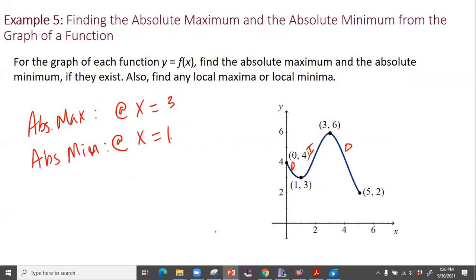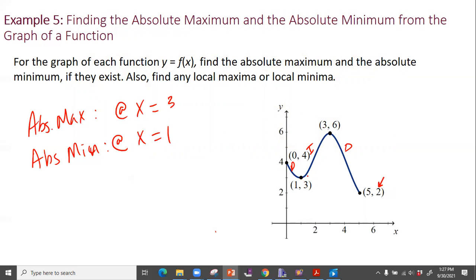Now, what changes here is that the values may not be the same. Notice that your absolute minimum value is not the same as where your absolute min is located. Your minimum is here, where I decrease and I increase. That's the x value.